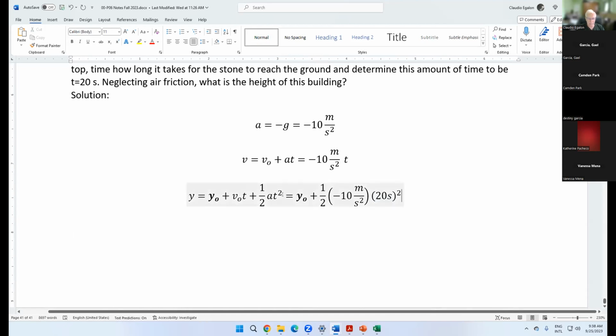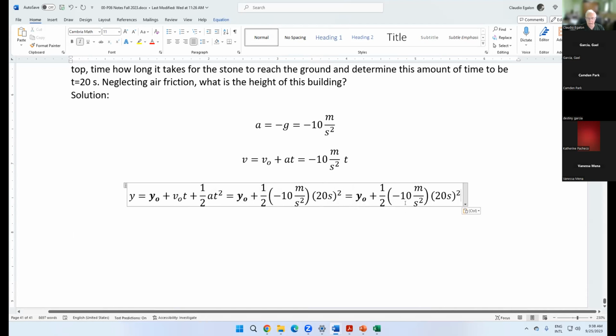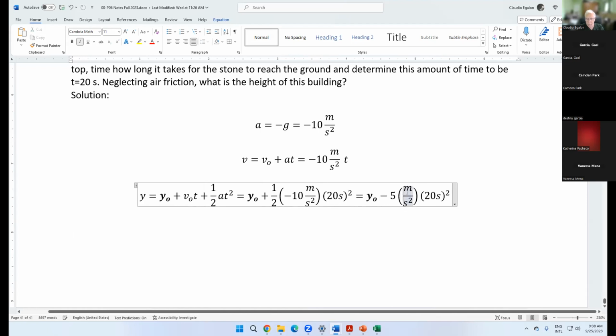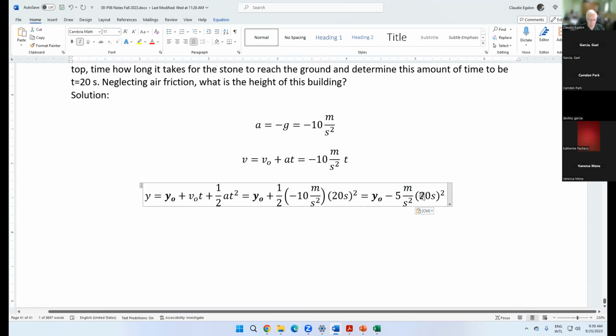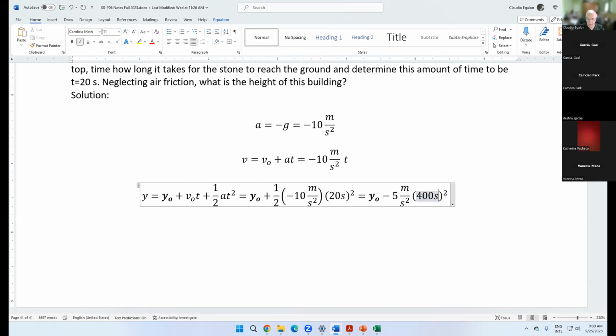Just like a recipe, right? And then it becomes minus 5. This one becomes 400 seconds square.